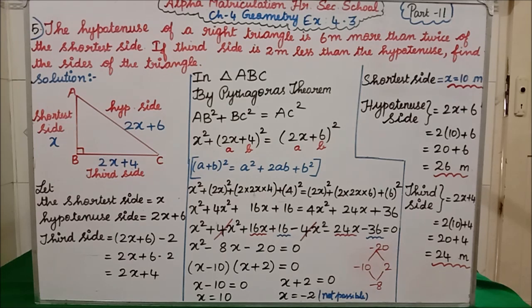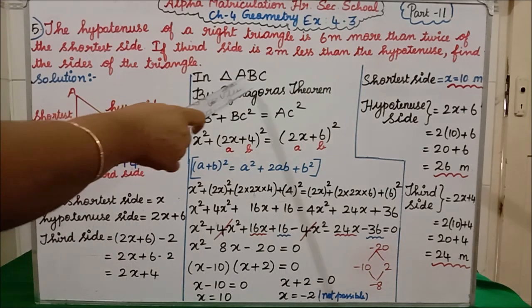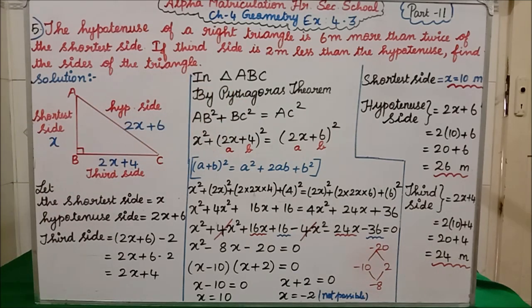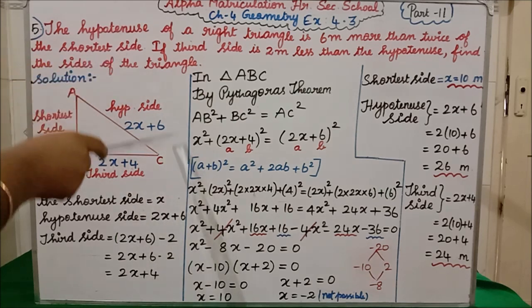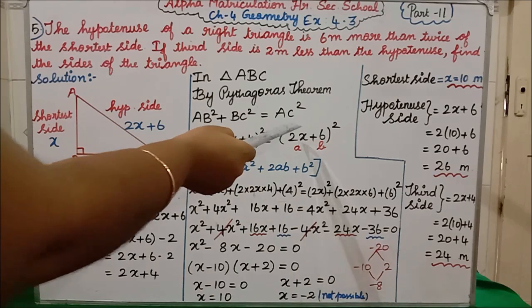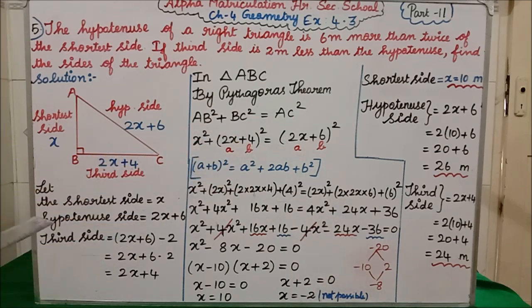Now, in triangle ABC, by Pythagoras theorem. Why are we applying Pythagoras theorem here? Because we have a right angle triangle. What does the Pythagoras theorem state? Hypotenuse square, that is AC square, equals the sum of the squares of the remaining two sides, which means AB square plus BC square.